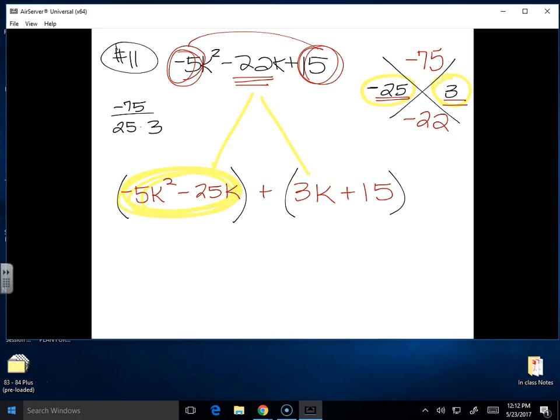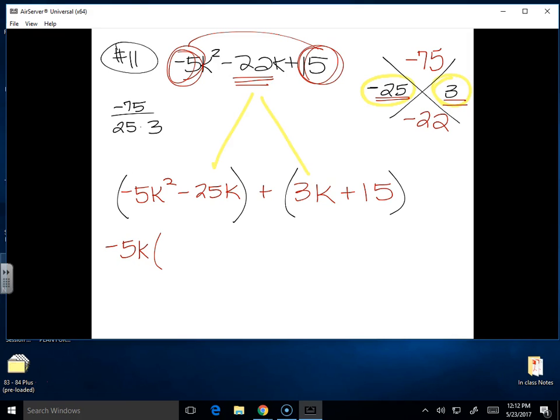Negative 5 and a k. If I pull out a negative 5k, now remember, negative 5k squared is negative 5 times k times k. If I take away a negative 5 and a k from the factors, what is left? 1k. This one would be negative 5 times 5 times k.